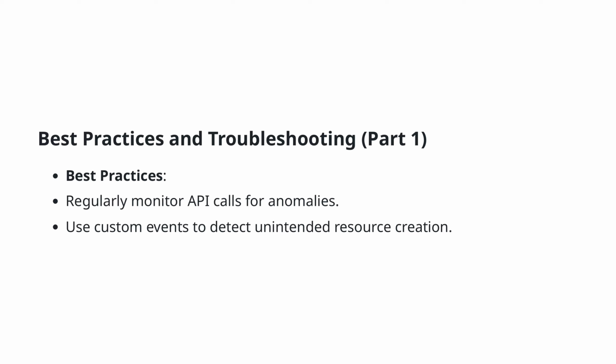Secondly, implementing custom events to detect unintended resource creation is highly recommended. Custom events add an extra layer of security by alerting you to any unexpected changes in your resources, allowing for quicker intervention and correction. By following these best practices, you can maintain better control and oversight of your resources, ensuring a more stable and secure environment.